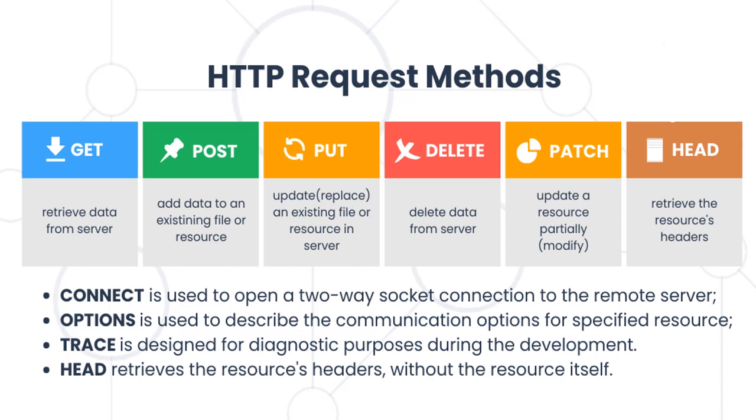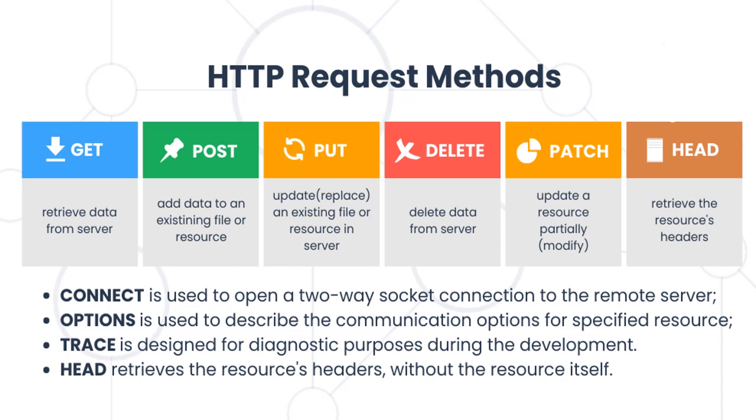GET refers to retrieving data from the server by the client. POST refers to the submission of data to be processed to a specific resource. PUT means to update a resource or create a new resource if it does not exist. DELETE means deleting existing data from the server. PATCH means to update a resource, but only partially.